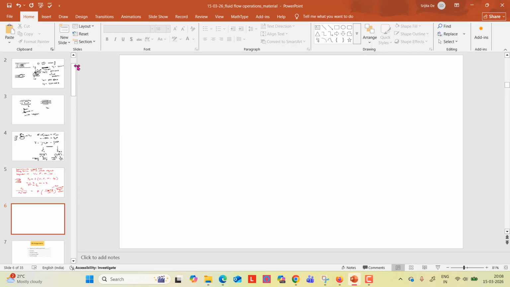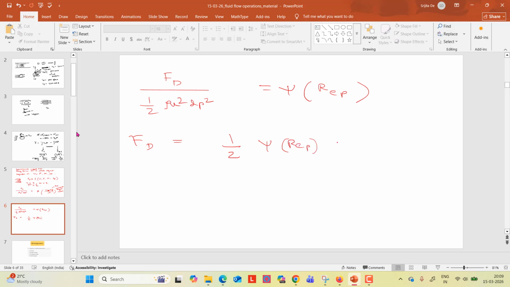Now you can write that Fd equals half rho u square dp square times a function of Rep, the particulate Reynolds number. So this Fd becomes half psi of rho u square dp square.